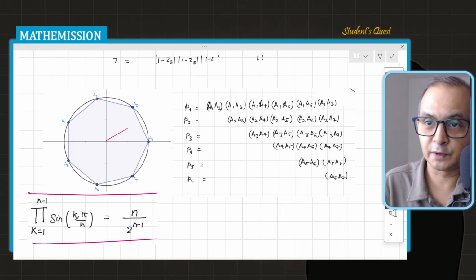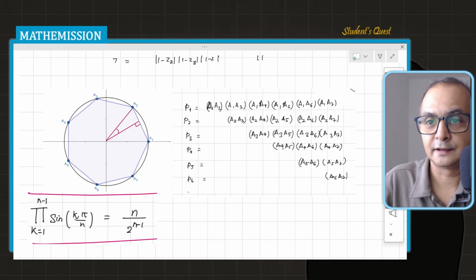So if I drop the perpendicular here, and if I just join this, this angle is theta by 2, whatever this total angle was. That angle was 2 pi by 7 in our case, so theta by 2, but it doesn't matter.